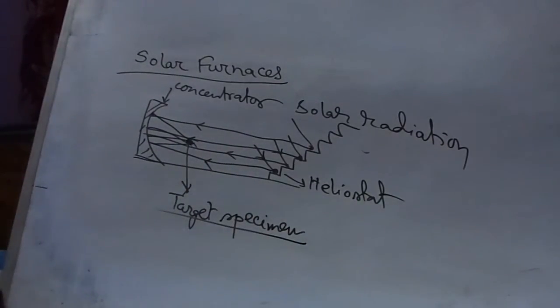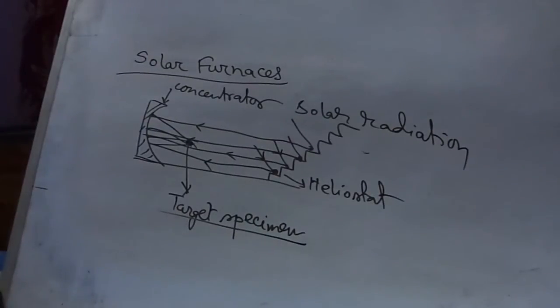There is another possible configuration of solar furnace where the optical axis is vertical. A large heliostat directs the radiation upwards and the concentrator reflects it downward at its focus.